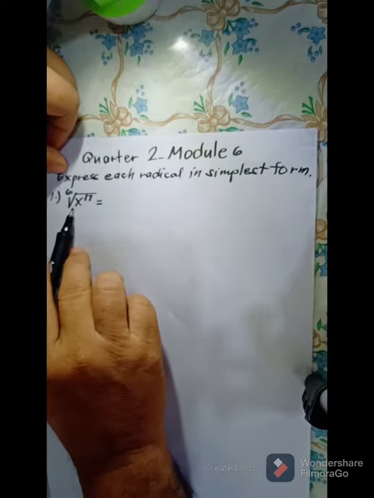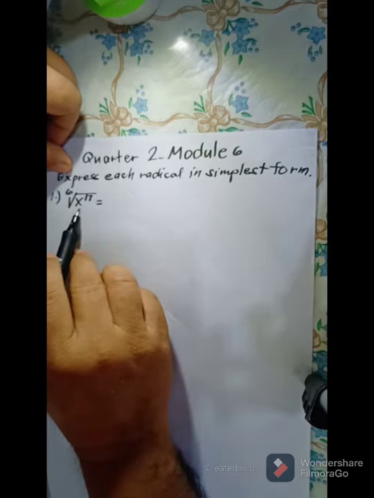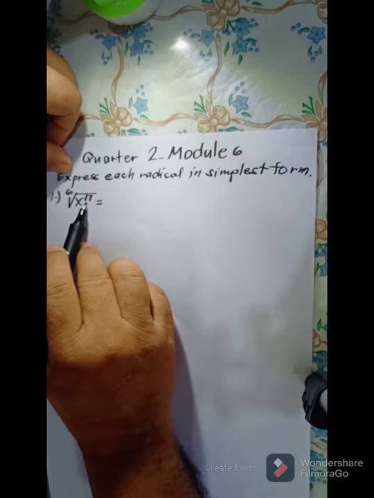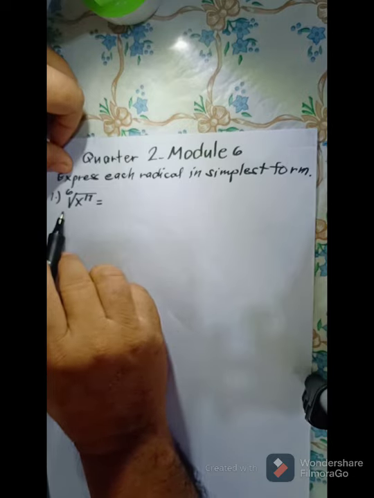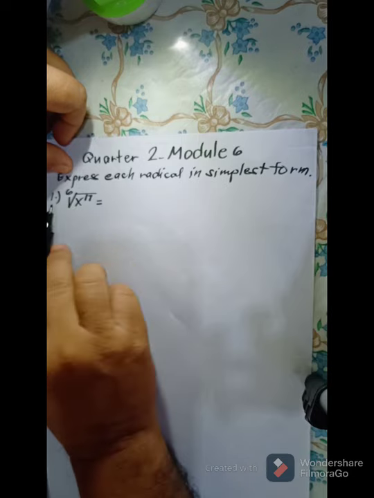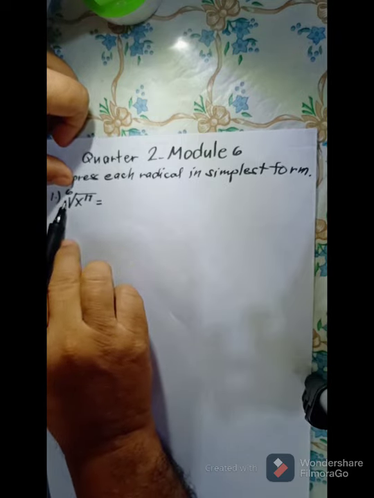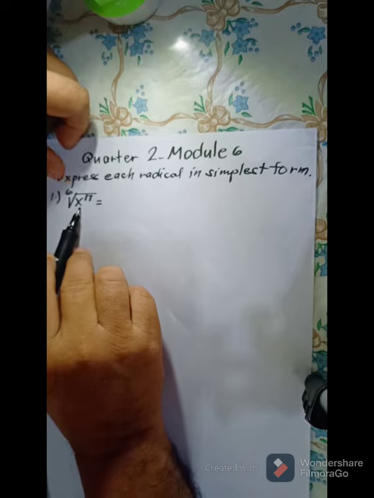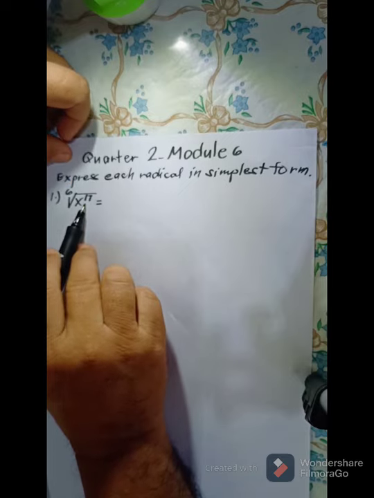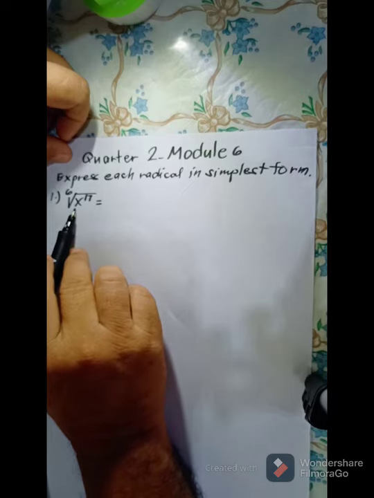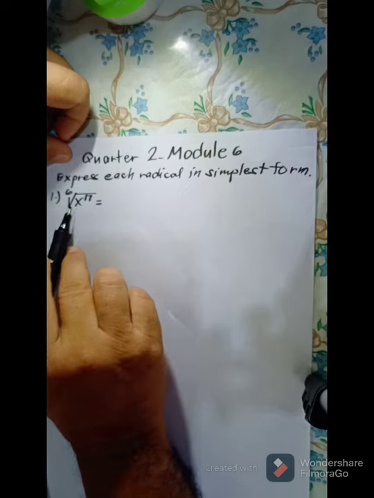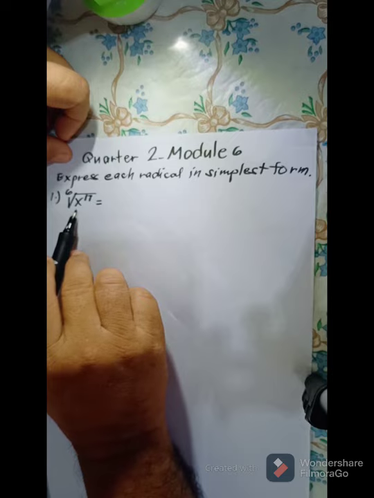Now, we have to factor x to the power 17 such that one factor is a perfect sixth power. Actually, x to the power 17 can be factored as x to the power 6 times x to the power 11, or x to the power 12 times x to the power 5.